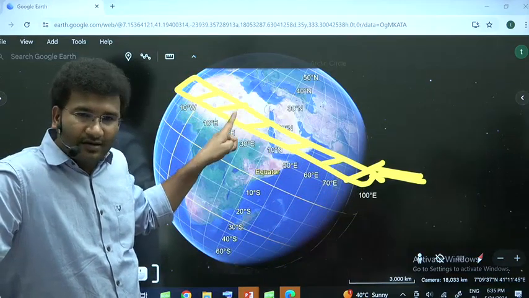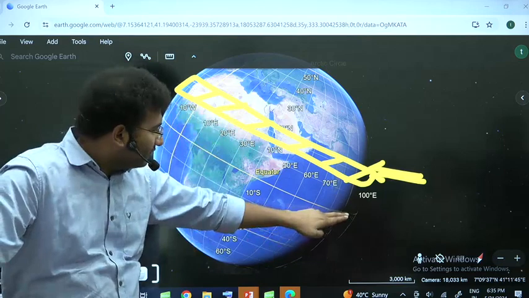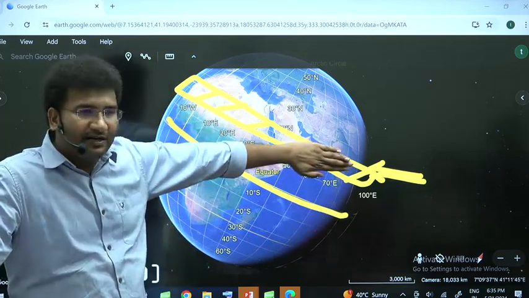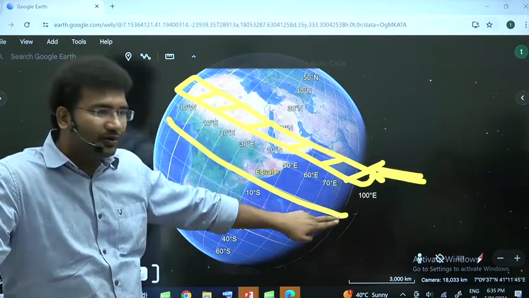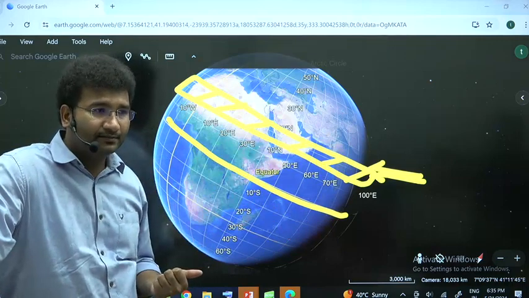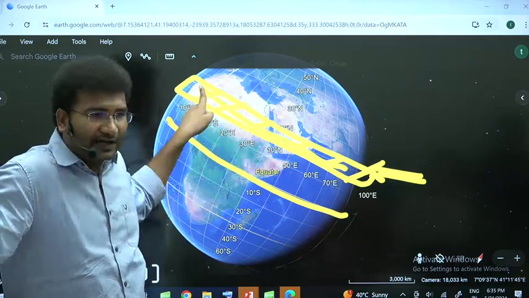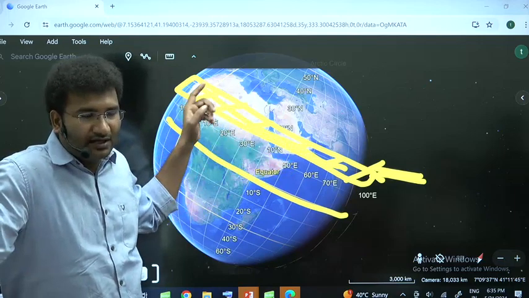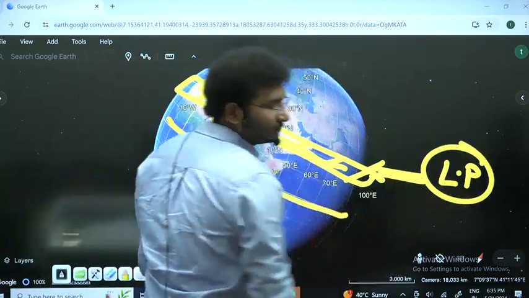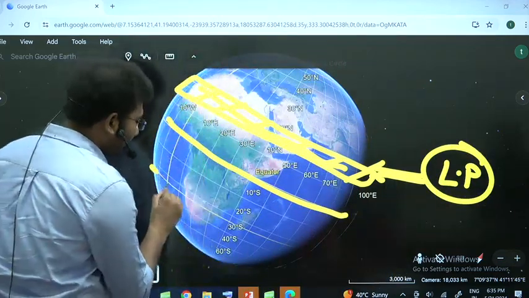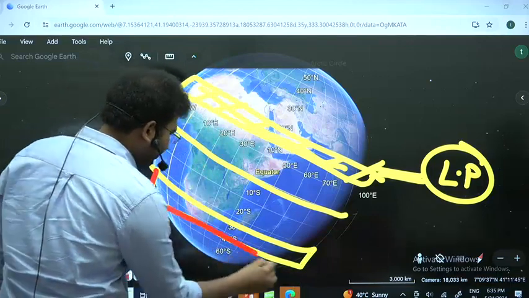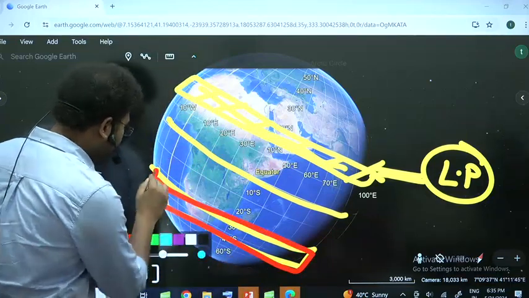ठीक है? आप देख लो, you have equator. During the months of June, this part of the region is getting more amount of heat as compared to equator. Right? कौन सा एरिया ज्यादा गर्म होगा जून में? ट्रॉपिक ऑफ कैंसर बेल्ट. ठीक है? जहां पे सबसे ज्यादा गर्म होगा ये होगा आपका लो प्रेशर. ठीक है? एंड यू गो टू दिस पार्ट ऑफ द रीजन, ट्रॉपिक ऑफ कैप्रिकॉन. दिस एंटायर बेल्ट विल रिसीव, इज इट हॉट और इज इट कोल्ड?